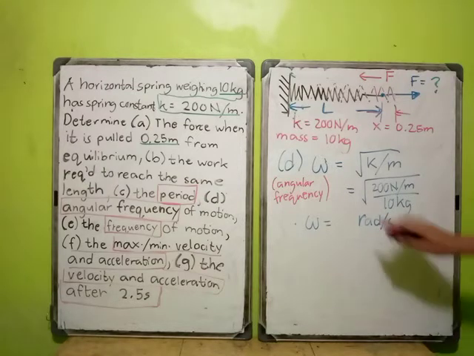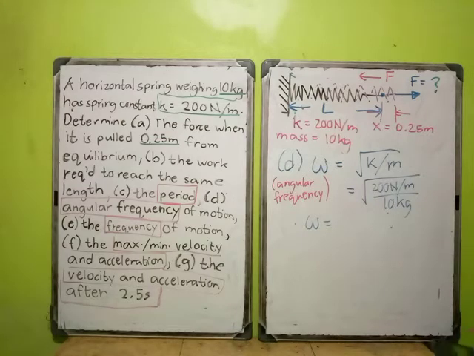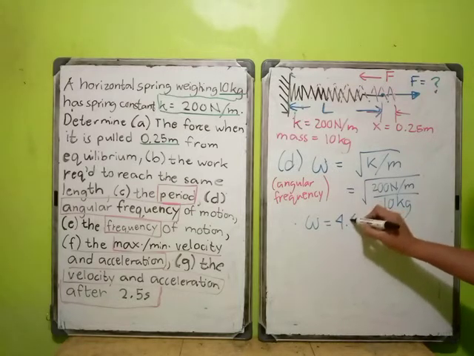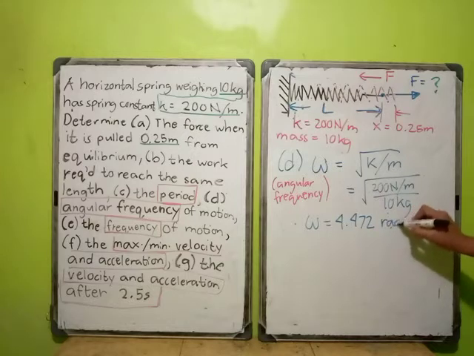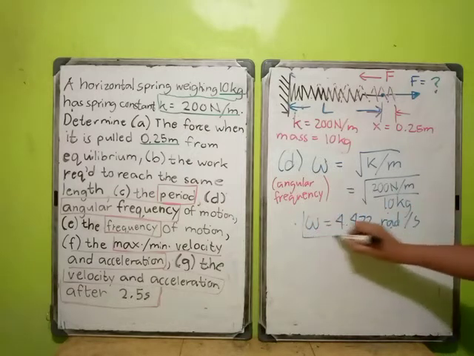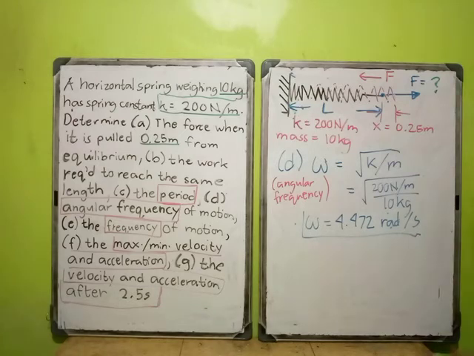So without further ado, sagutan na natin. So 200 divided by 10 is 20. Square root of that one will be 4.472. So ganun lang kadali. Radian per second. So yan yung sagot. So pulahin natin. Ito yung sagot. 4.472 radian per second. And then the next, we can solve here.